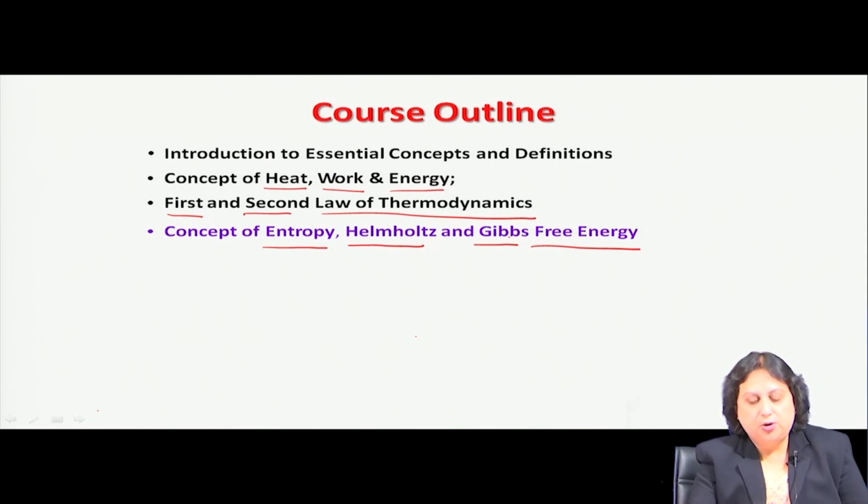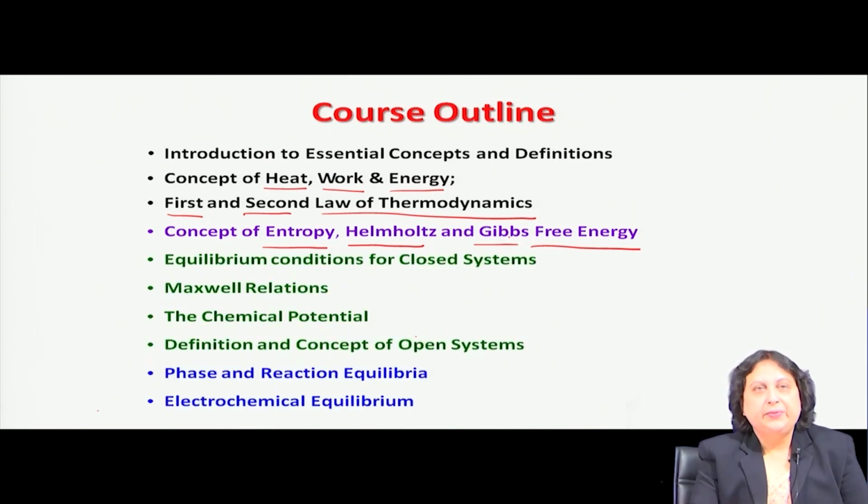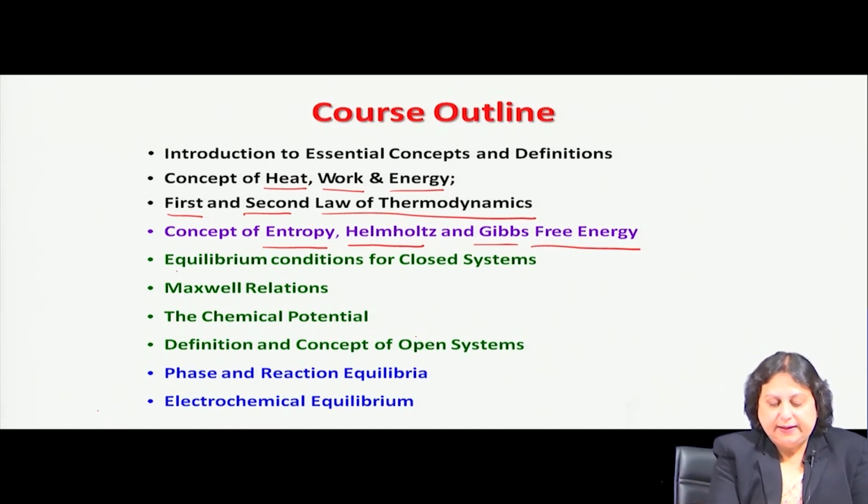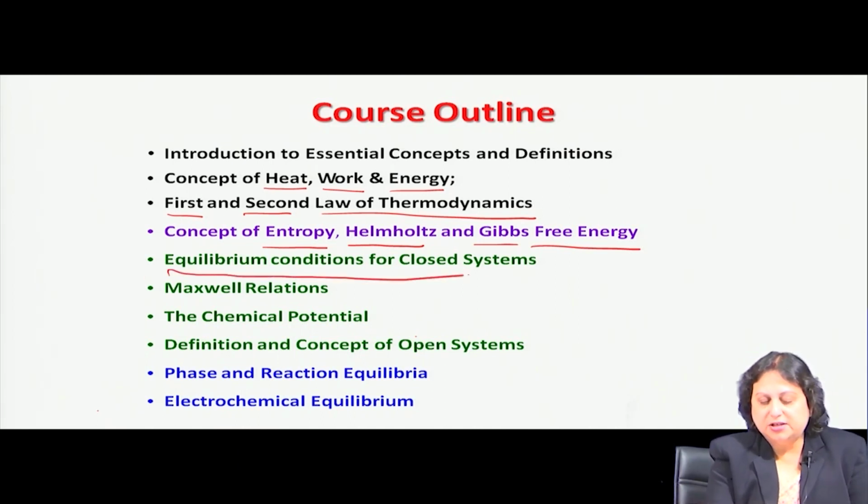We will next talk about the application of these concepts in systems of interest primarily to chemists, physicists, and material scientists. If time permits, we will also see some applications in biological systems. But primarily, our focus would be on understanding the equilibrium conditions for closed systems.